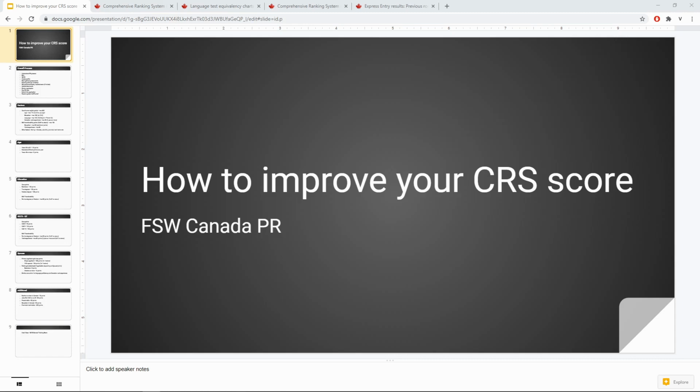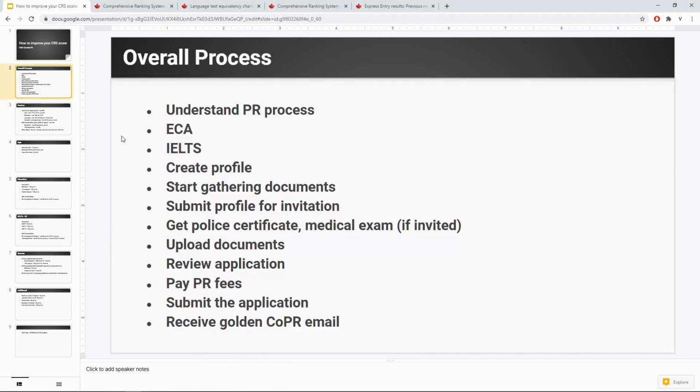But before that, I wanted to show you how the overall PR application process looks like and where we are and where we want to go. So this is how our overall PR application process looks like. First step is to understand the PR process. The second step is to have your educational credential assessment done. The third step is to prepare for IELTS general training exam.